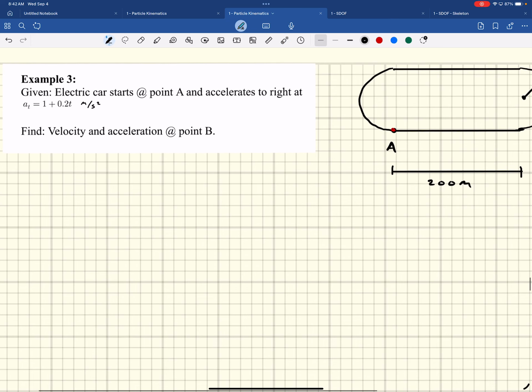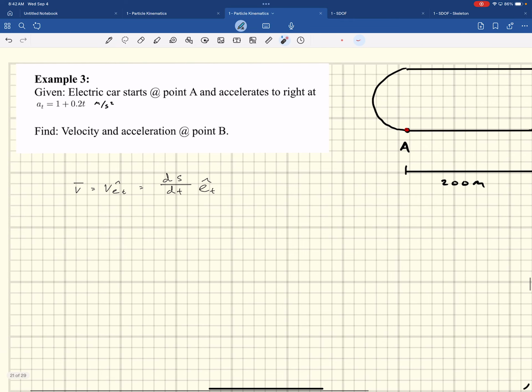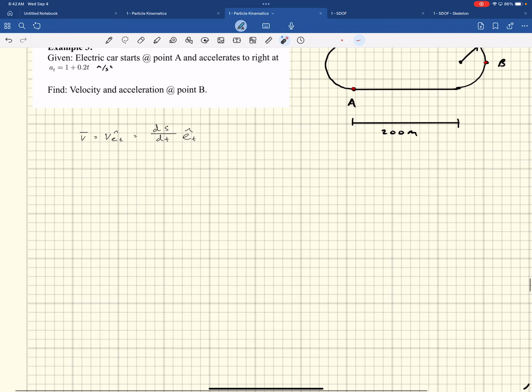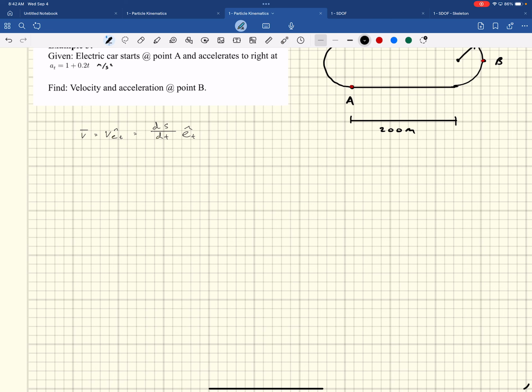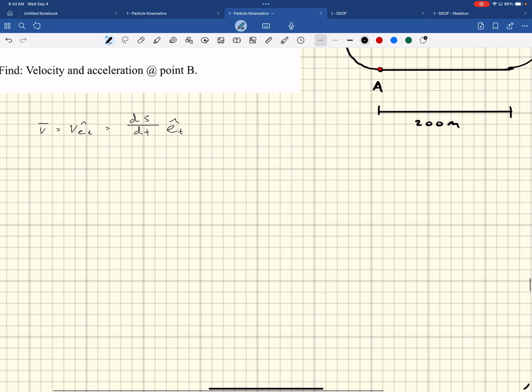Velocity is just going to be equal to v in the e_t direction, which is ds/dt in the e_t direction. So I'll figure out what ds/dt is, come up with a velocity equation pretty easily. I'll integrate the acceleration, get to that velocity equation, and we'll go from there.